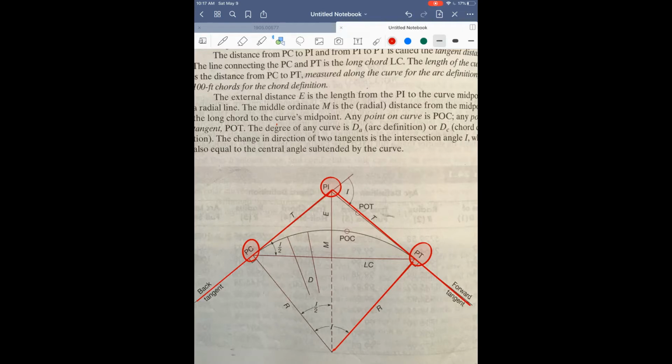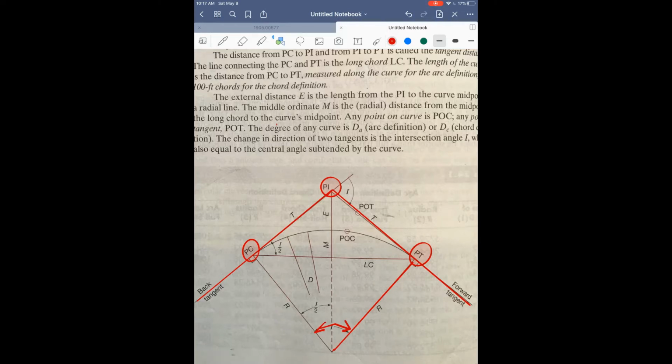The length of the curve is the length measured along the curve, okay? And this is an important one too. This is called the central angle of the curve, okay?